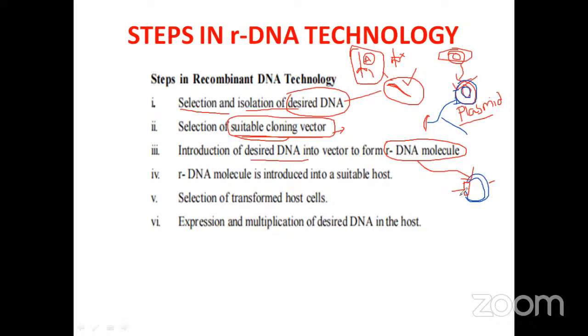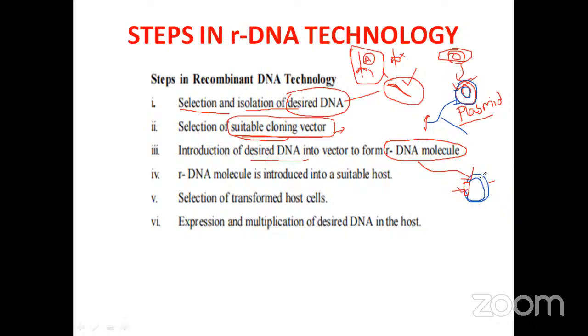Recombination means, as I already told you, recombination of DNA from two different types of genes. What are the two different types of genes here? One is the mango plant's desired DNA.